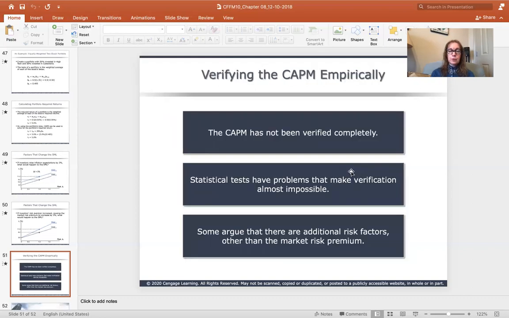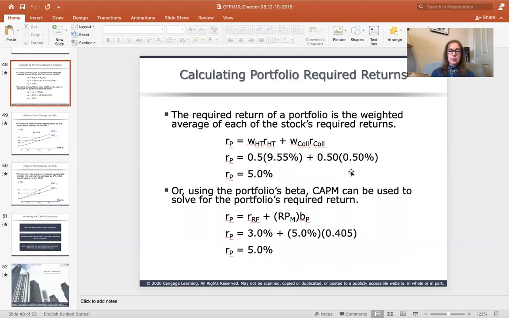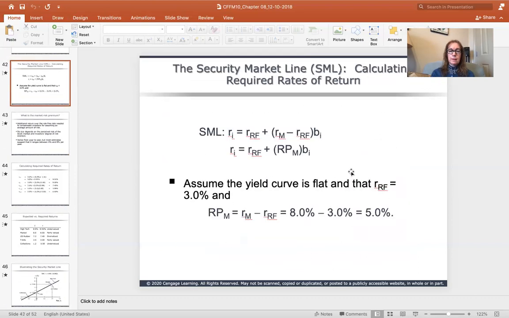All right, so what's the problem with the capital asset pricing model? Let's go back and look at the formula here. It's all based on historical information, and you can't predict the future with it. So how do you know that the beta is going to be the same going forward?